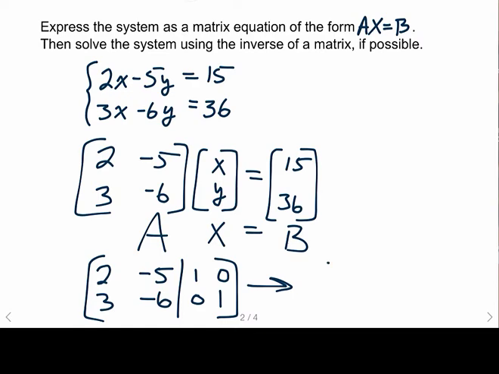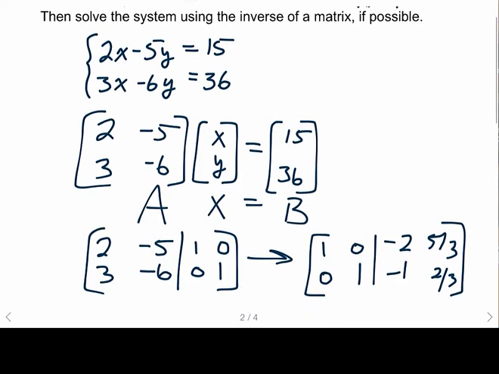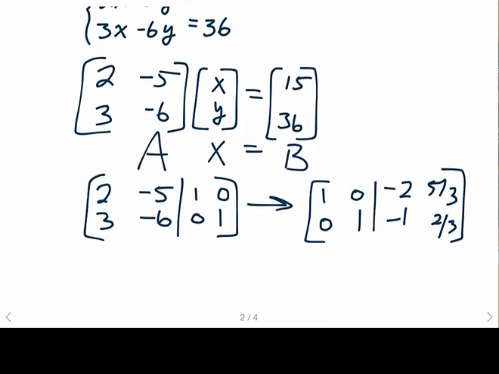After performing row operations, we end up with, on the left, 1, 0, 0, 1, and on the right, -2, 5/3, -1, 2/3. Again, for the steps on how that happened, see a previous video. What we see here, though, is that A inverse is the matrix on the right of the augmented matrix, -2, 5/3, -1, 2/3.